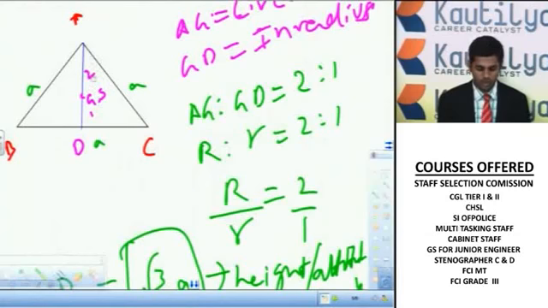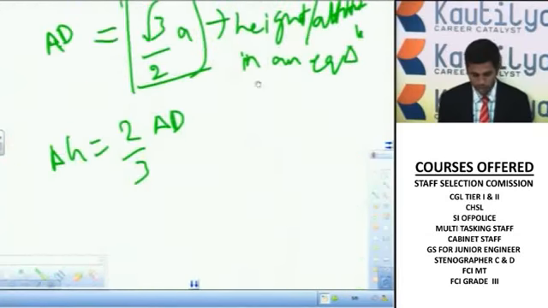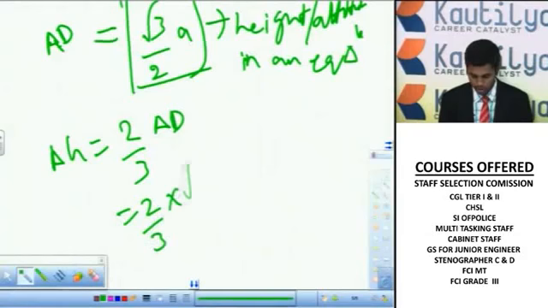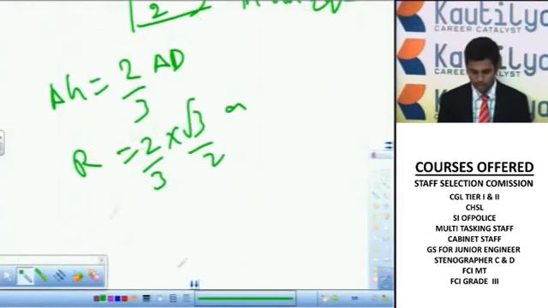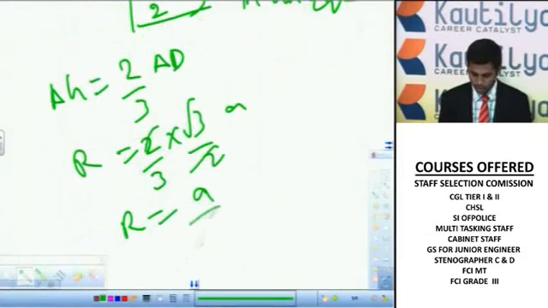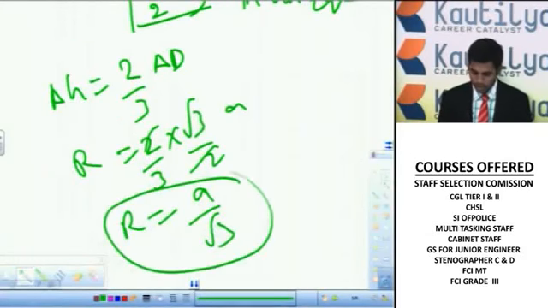So AG is 2/3 times AD, and we know AD is root 3/2 a. AG is also the circumradius, so the relation will be R equal to a by root 3. This is the relation between side and circumradius in an equilateral triangle.